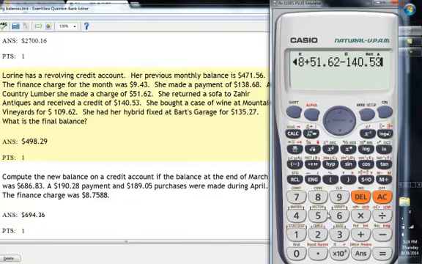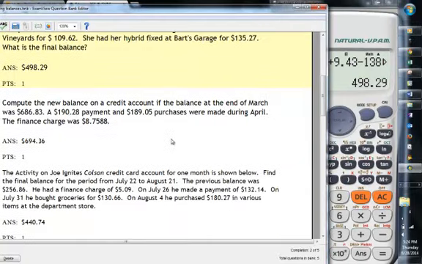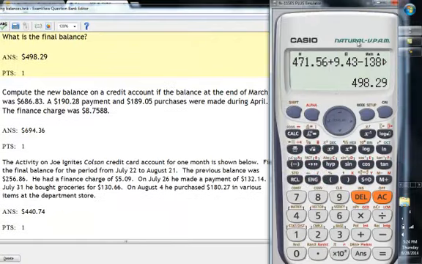It lowered her balance. She bought wine of $109.62, and she got her car fixed, so another $135.27 for a total of $498.29. Next one. Now it's a credit account again.